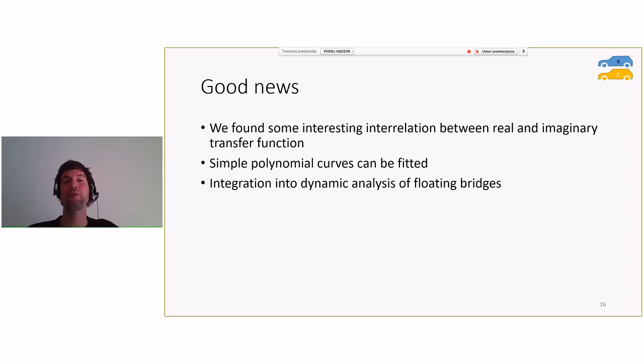Rational functions are parametric because they fit both stiffness and damping at the same time. But we can now also use polynomials fitted independently to both damping and stiffness. This is a big advantage because polynomials are simple to use. Everybody can use polynomials. You don't need any special equipment or software. You can do it in Excel. You just need to introduce the right damping table to our method.